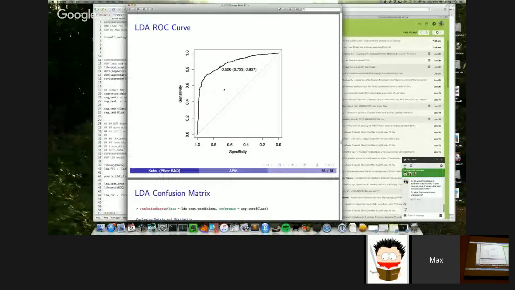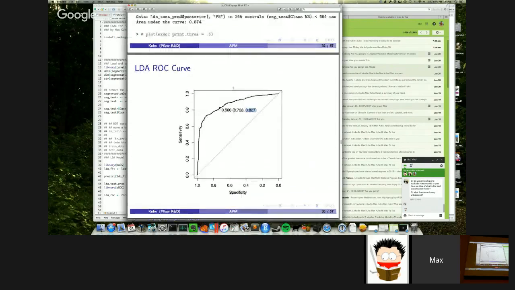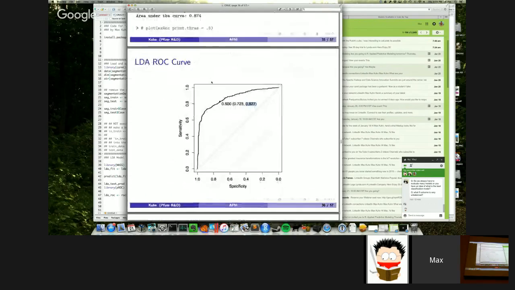You can see that here's about the 0.5 probability cutoff. So on my test set, my specificity would be about 72% and my sensitivity would be about 83% using the default cutoff. And again, the area under this curve was 0.874.